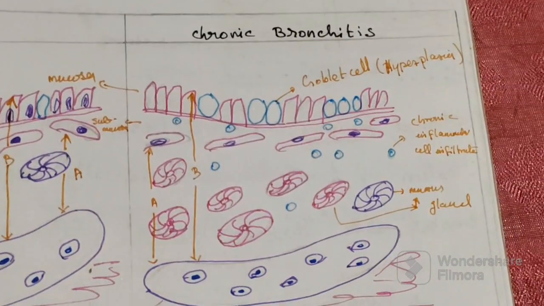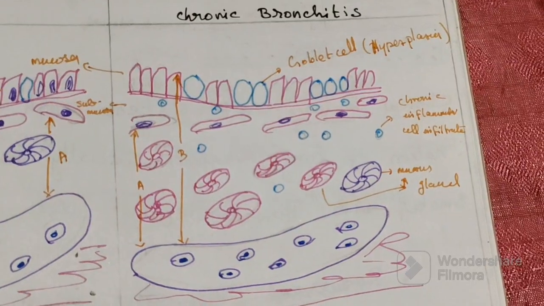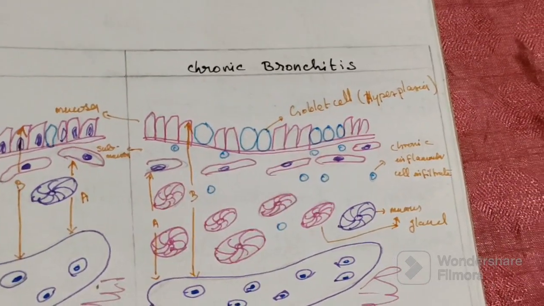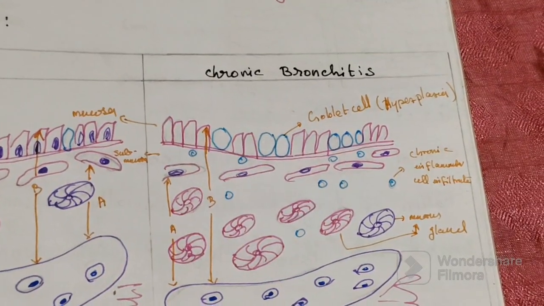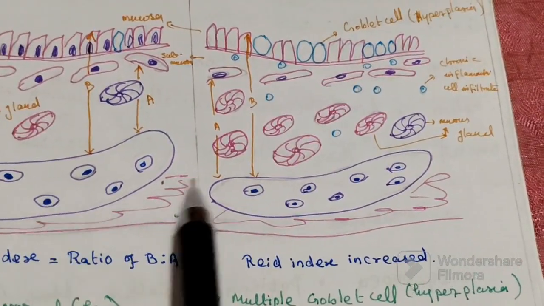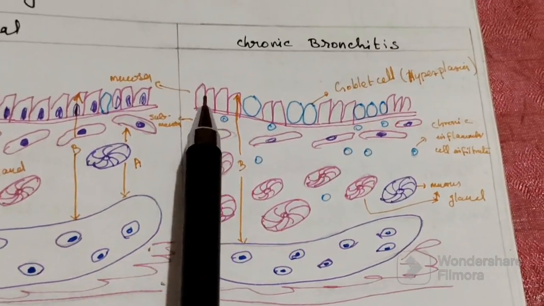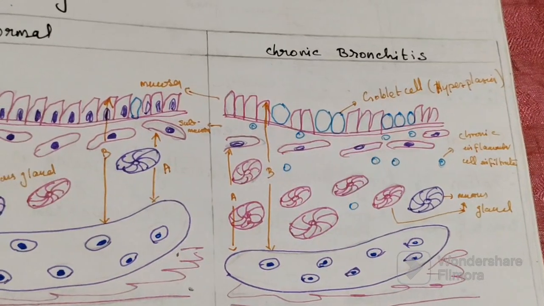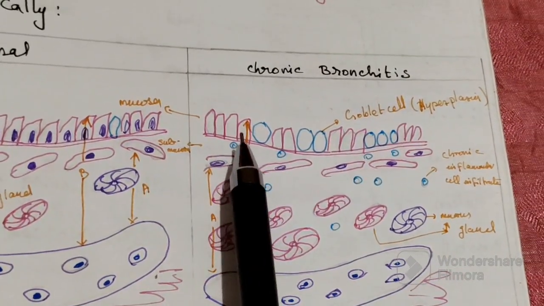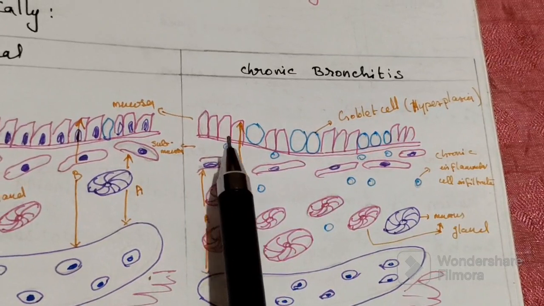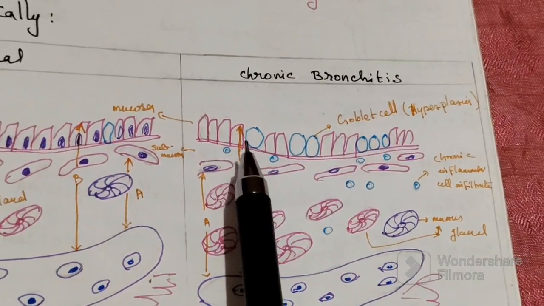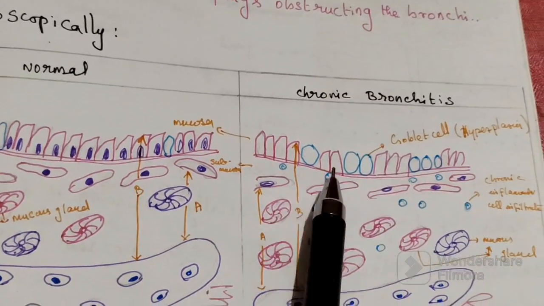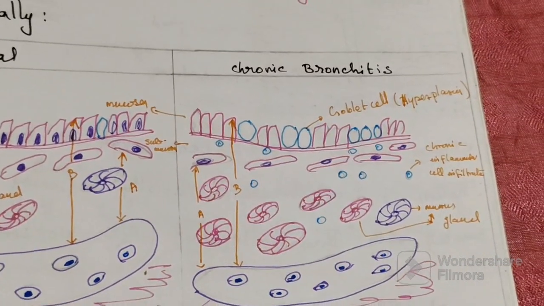In chronic bronchitis, compare both of them, here and here. The third and fourth layers show no changes, only the first two layers, mucosa and submucosa. In the mucosal lining in chronic bronchitis, multiple goblet cells are present. Here only 1 or 2, but here multiple goblet cells are present.